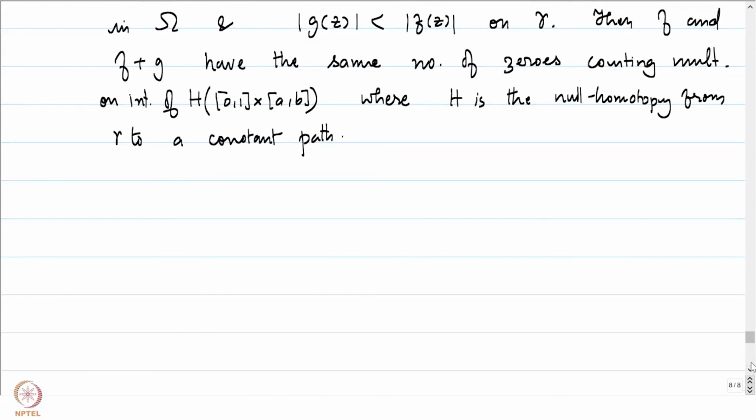Let me give a proof of Rouche's theorem. The proof is quite straightforward now that we know the stability of zeros. We will define the homotopy capital F of s comma t to be equal to f of t plus s times g of t.